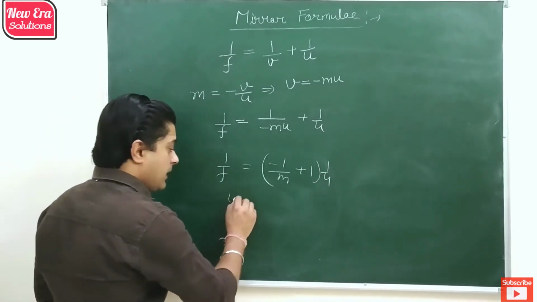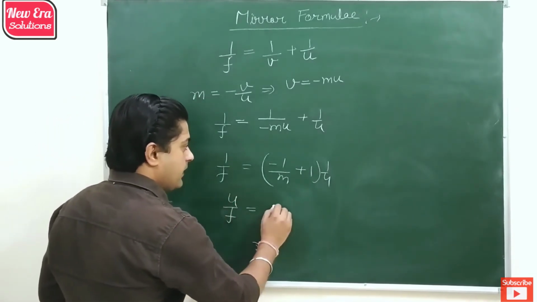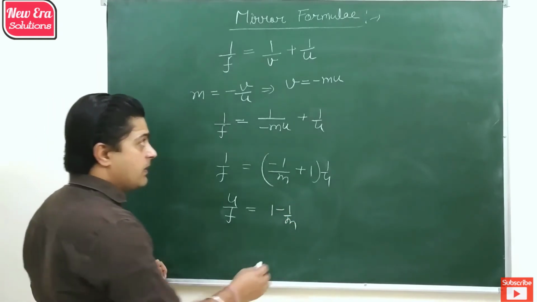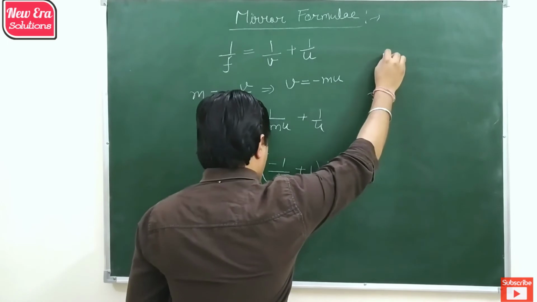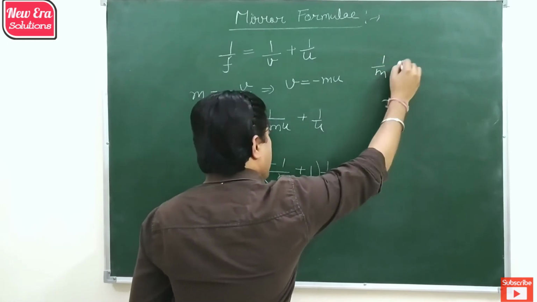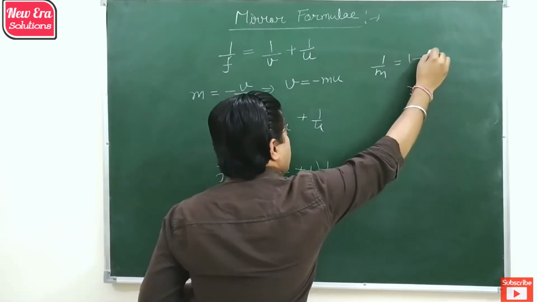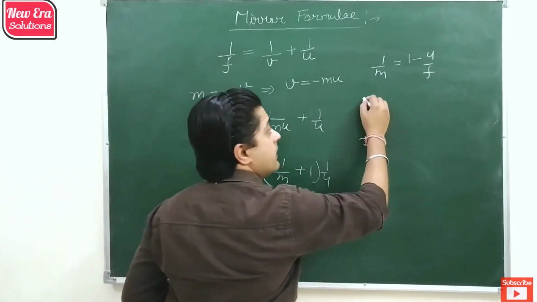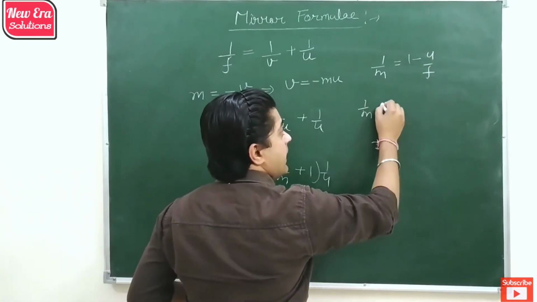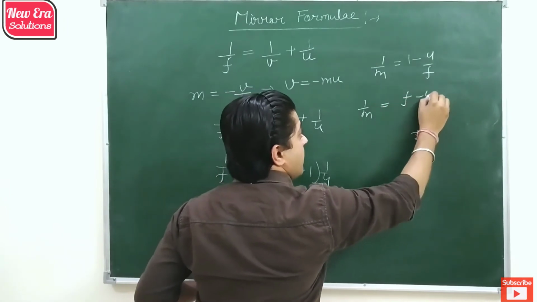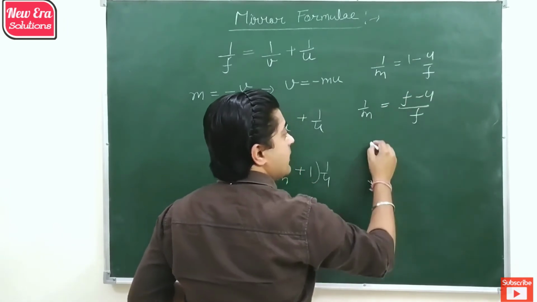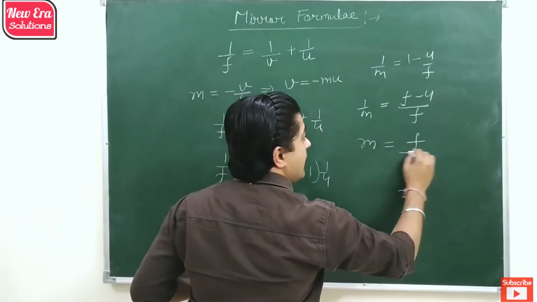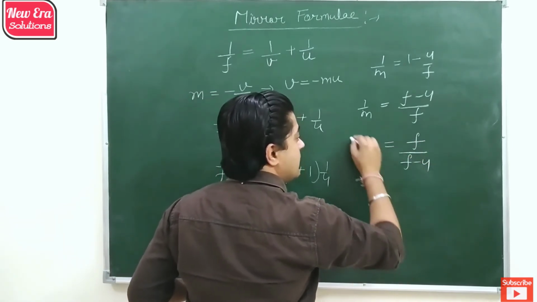Now by cross multiplying, we get u by f is equal to 1 minus 1 by m. By simplifying it, we get 1 by m is equal to 1 minus u by f, and 1 by m is equal to f minus u by f, and by cross multiplying we get magnification is equal to f upon f minus u.